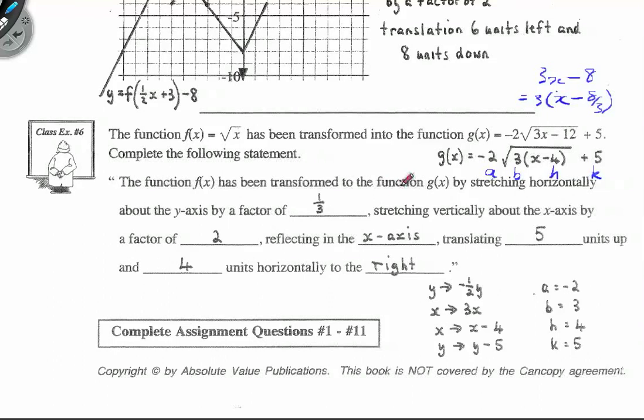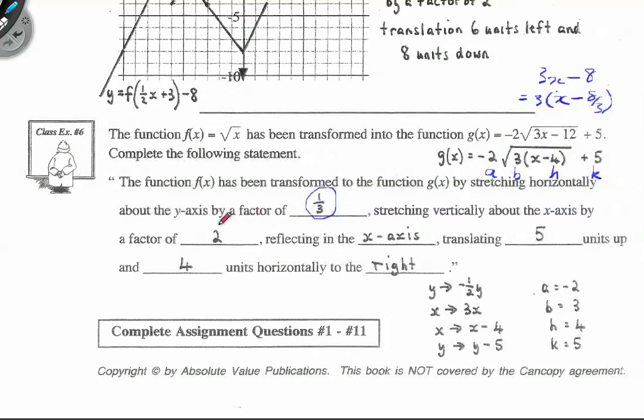It has been transformed by, so we have a square root here. The function has been transformed to g of x by stretching horizontally. I don't know why they're not mentioning vertically first, but stretching horizontally, although it doesn't really matter as long as we've got the stretches first, by a factor of 1/3.